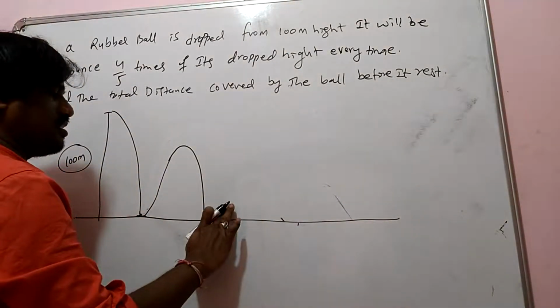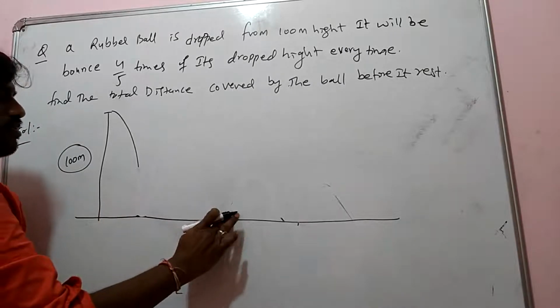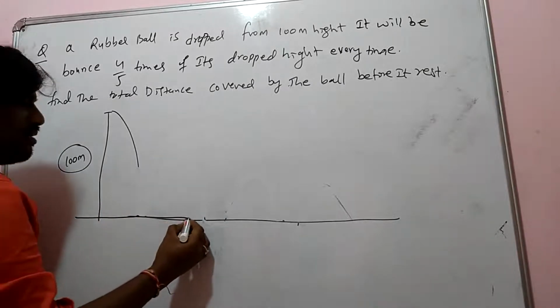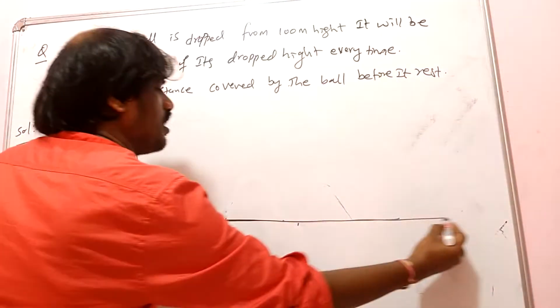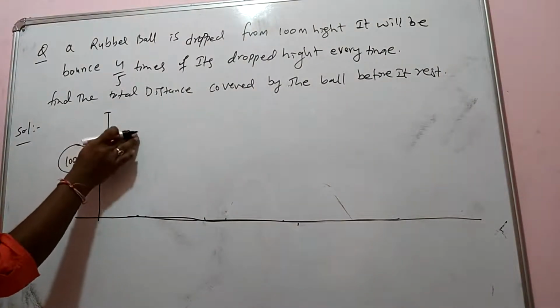So I'll draw the diagram again. This is the ground, and you are at 100 meters height and you have dropped the ball.